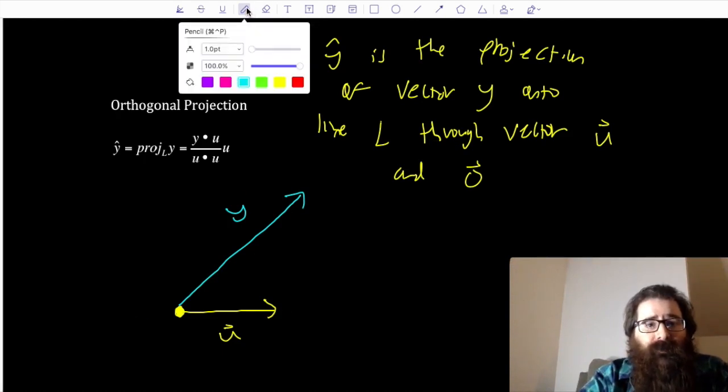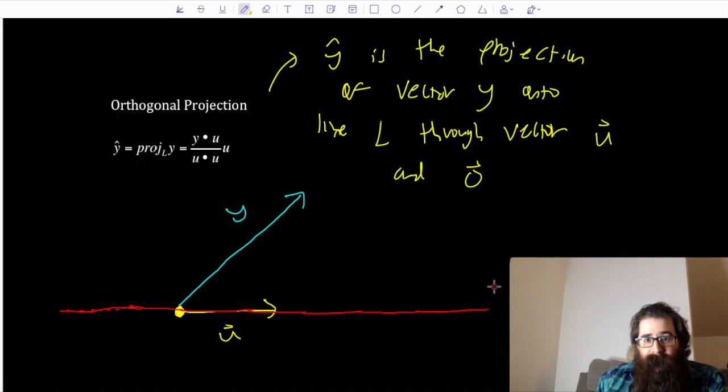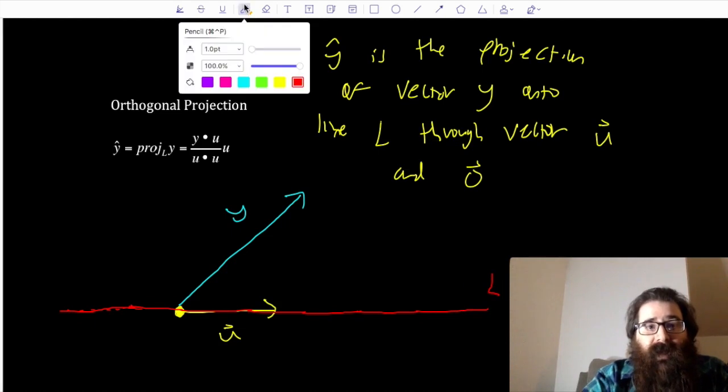So if I wanted to build this line L, I'll try to do this as best as I can. Let's not do it as a dotted line. Let's do it as a solid line. Line L would be through vector u, and on and on and on. This would be the line capital L. And I want the projection.